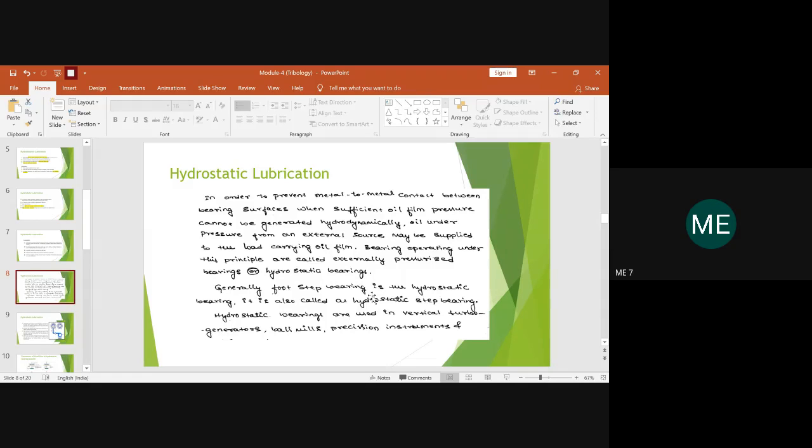If they ask you for the schematic arrangement of a hydrostatic step bearing, you need to draw the diagram and explain it properly. Later you have a derivation for load bearing capacity, for which again you have to draw the diagram of the cross section and explain. If they ask you to write a brief note on hydrostatic lubrication and hydrostatic bearing, you should start by telling about the lubrication regime and what hydrostatic lubrication is exactly, and how it overcomes the drawbacks of hydrodynamic lubrication.